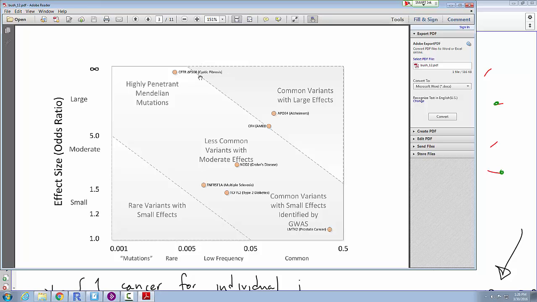Not a very rare mutation, but locations where, for example, I have green eyes and you have blue eyes. Everybody has lots of variation there. GWAS is targeting common diseases that are driven by common variations that individually have very small effects, but collectively result in cancer or disease.